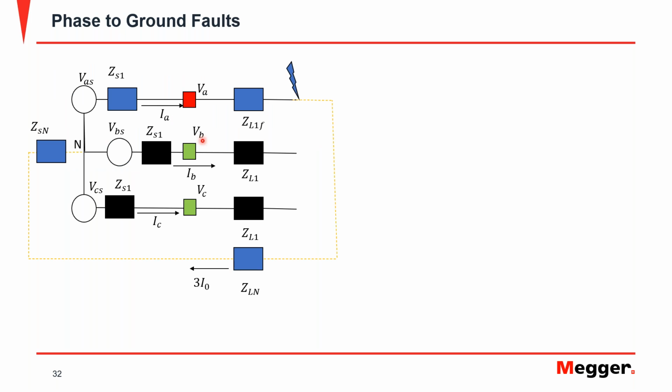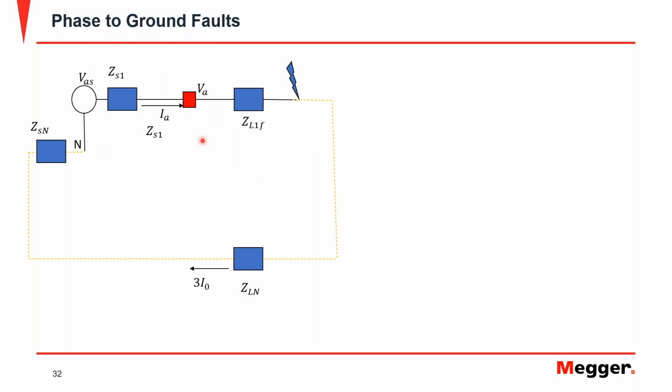Let's say when you have a phase to ground fault, the voltage at the measurement point here at the relay is going to depend on the voltage at the source, which is behind the relay, the amount of current that circulates, which for a fault is typically a high amount of current, and the impedance between the source and the relay.